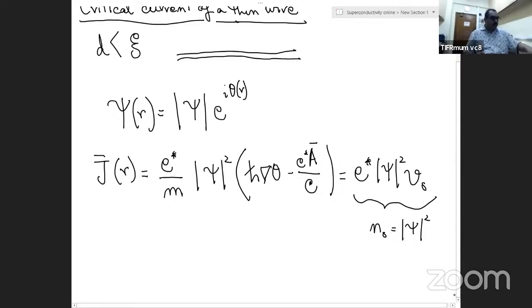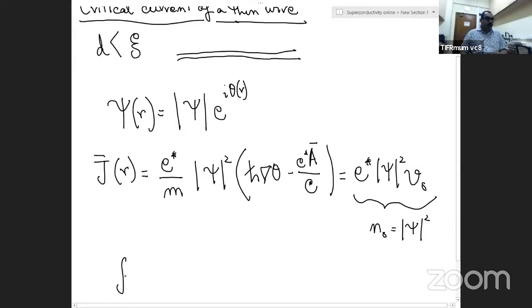Okay, now we need to calculate the critical current. That means that we have to write down the free energy and then minimize that free energy.